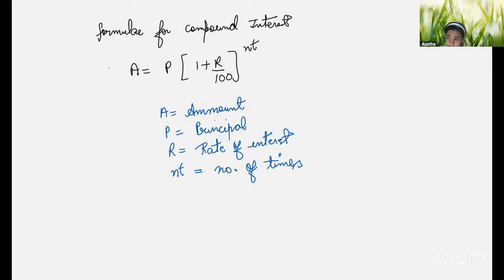Sir, could you please repeat the question? Yeah, I'll repeat the question. If it is compounded semi-annually and the time period is 6 months, how many times will you calculate the interest?